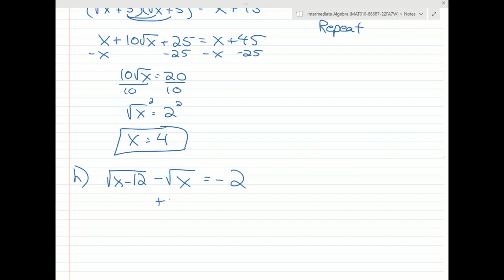So let's bring that square root of x over. And we get the square root of x minus 12 is equal to the square root of x minus 2.